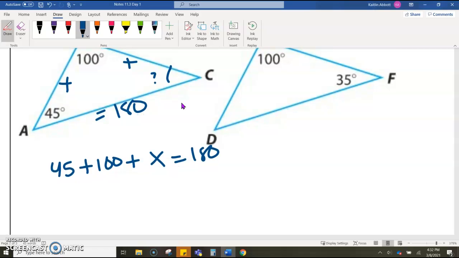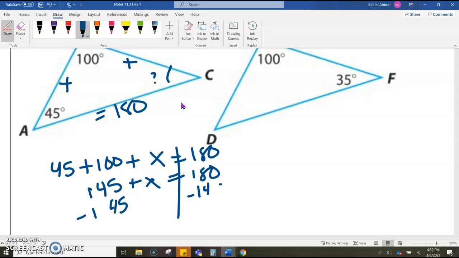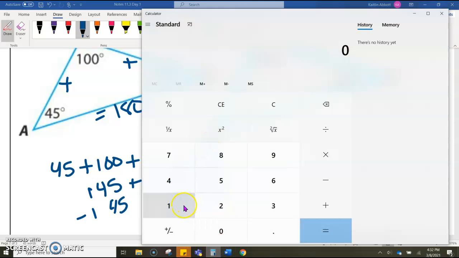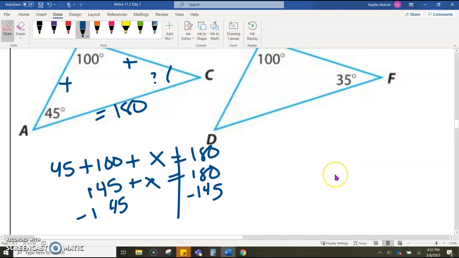And then I'm going to combine 45 and 100, so 145 plus x equals 180. And subtract 145 from each. And then maybe you don't know what that is. Bring up the calculator. 180 minus 145 is, oh good, it's 35. So x equals 35.